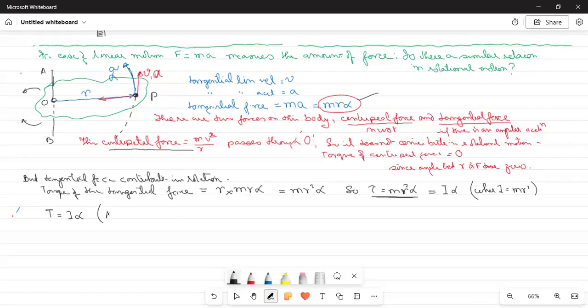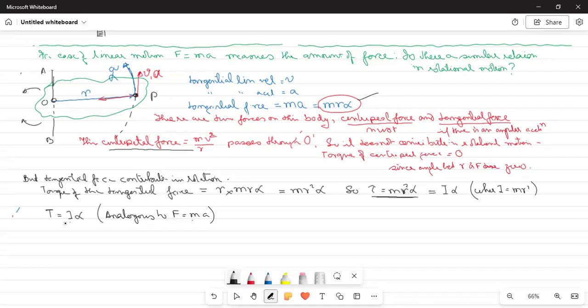This is analogous to F equal to ma. A was linear acceleration, alpha is angular acceleration. F is the force which produces the linear acceleration, and torque is the force which produces the angular acceleration. If you agree to replace the m with I, then the two equations are set.